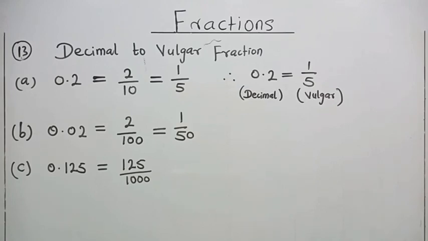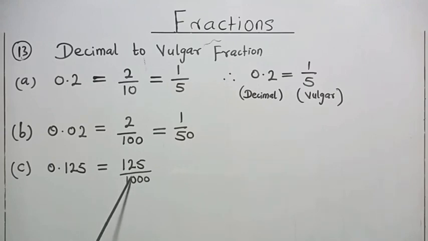Because we have that number of decimal places, the implication is that we have 3 zeros in the power of 10 from which 125 were picked. Which power of 10 possesses 3 zeros? It is 1,000. That is how we came to write 1,000. So 0.125 is equal to 125 over 1,000. This is already a fraction.